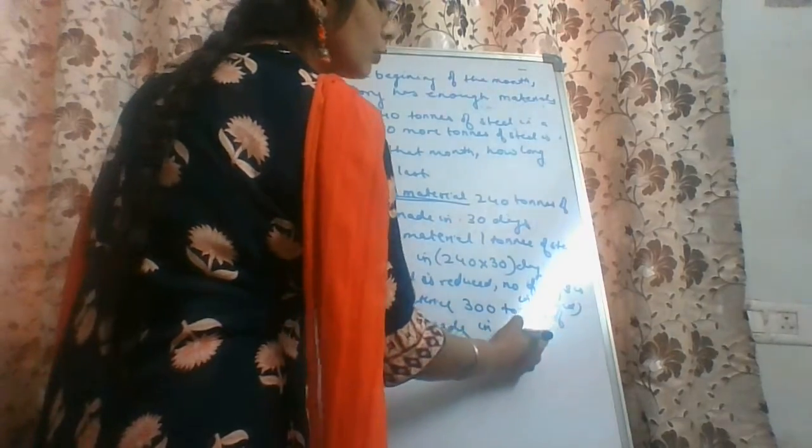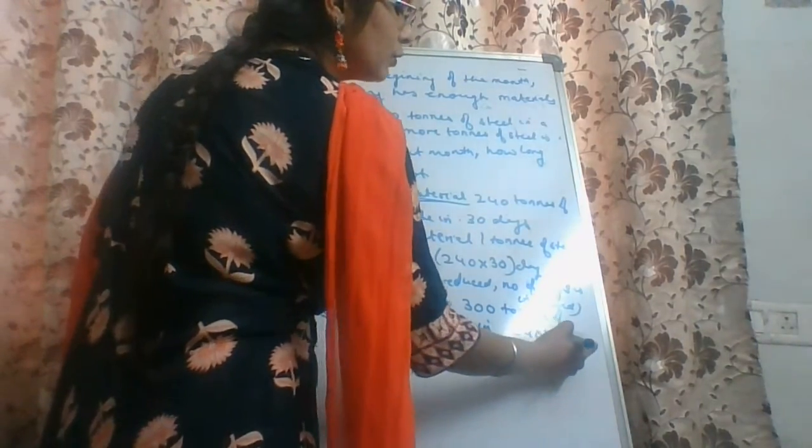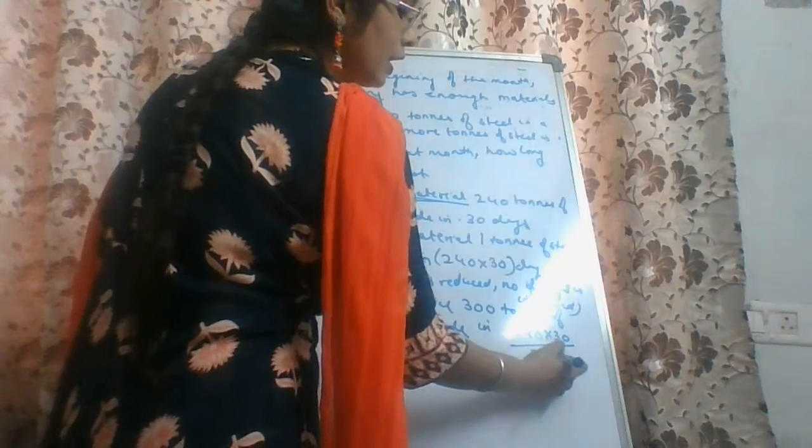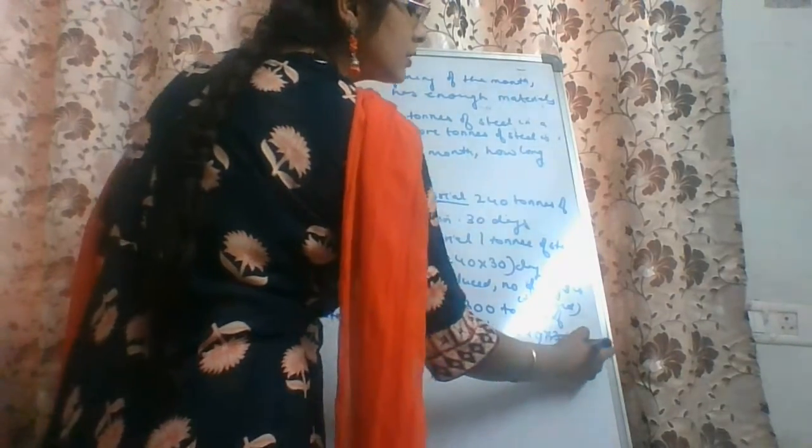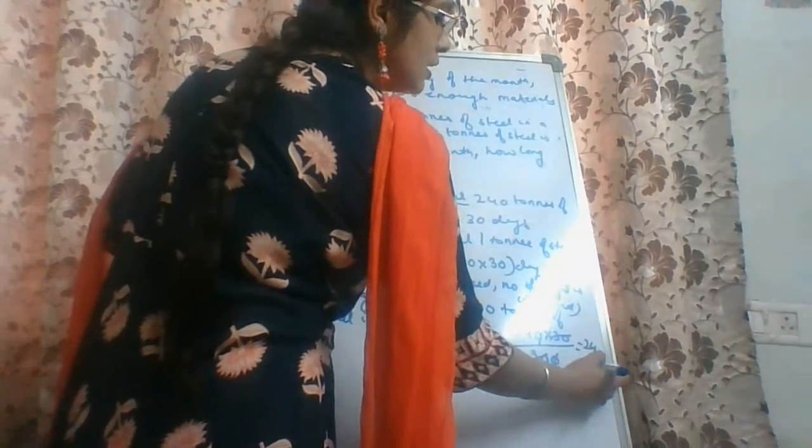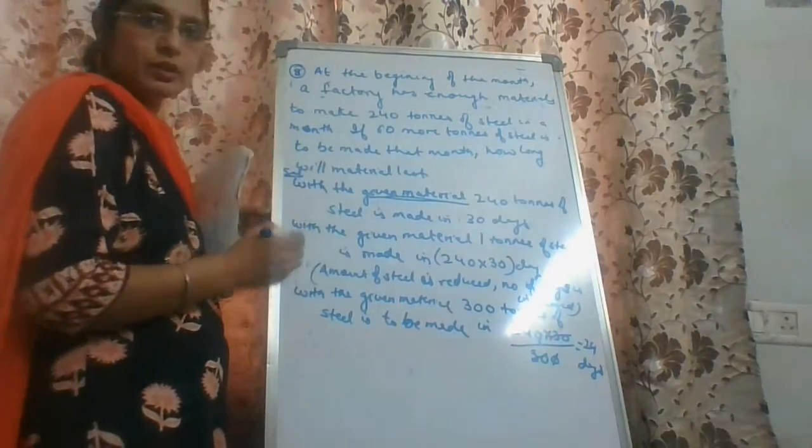It will be 240 multiplied by 30 upon 300. This is 24 days. Now the days required will be 24.